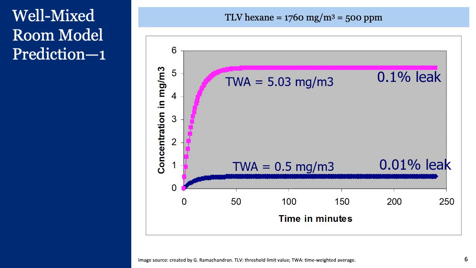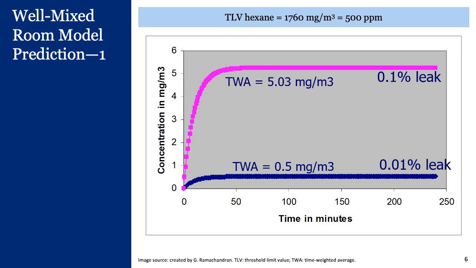We can plot these two equations and predict the steady state concentration of hexane in the room. At the top of the slide, the threshold limit value, TLV, for hexane is given as 1,760 milligrams per cubic meter, or 500 parts per million. We see that for both of these assumed leak rates, the time-weighted average concentrations are either 0.5 or 5 milligrams per cubic meter.